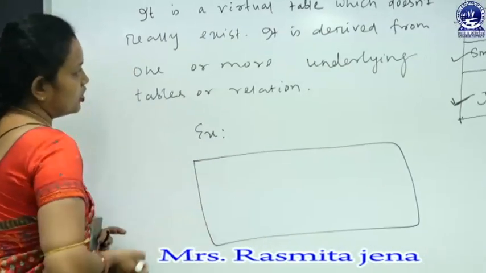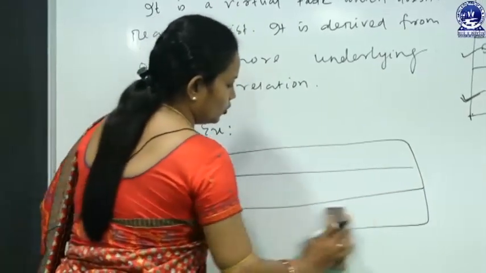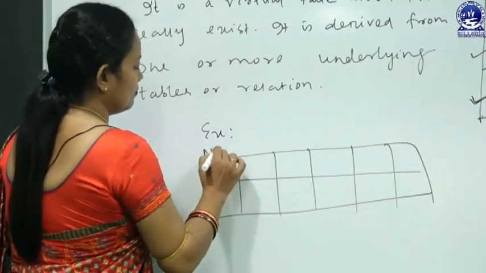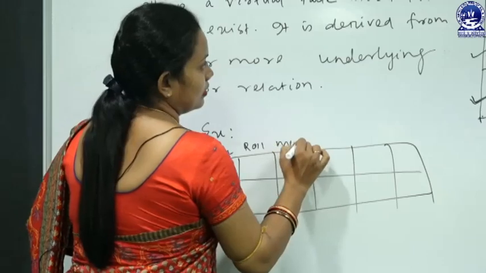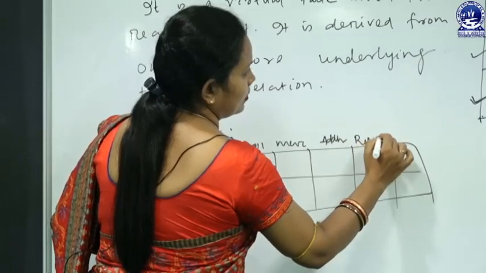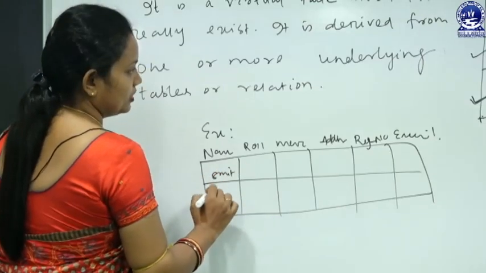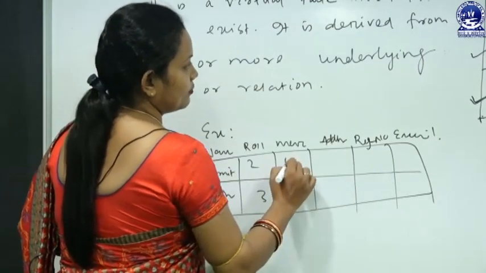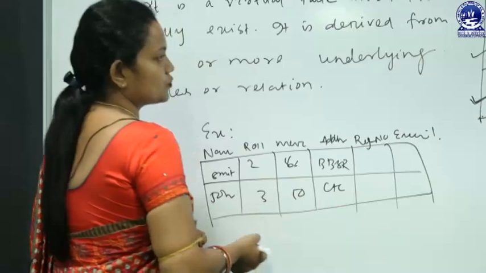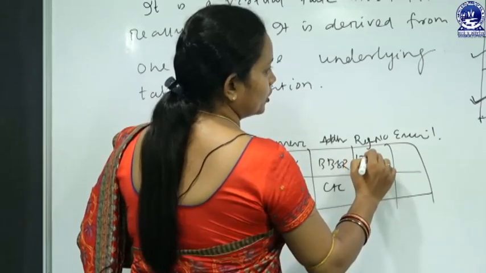It contains only 2 rows, containing the data of the student, that is name, roll, mark, address, registration number and email ID. The 2 students in the view table are Smith and John, that is 2 and 3, marks 60, 50, BBSR. This is basically used for storing results, or results are stored in the virtual table or view tables, right.